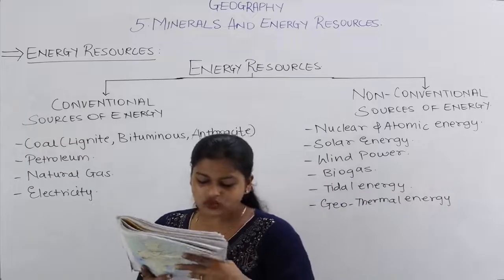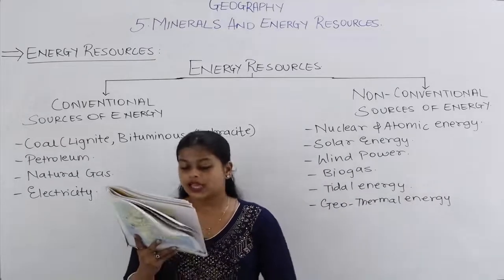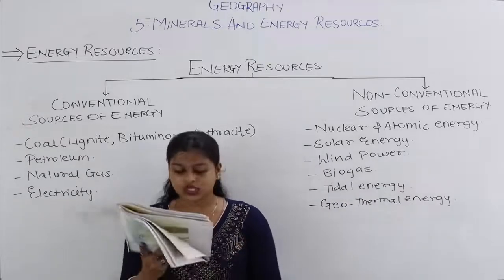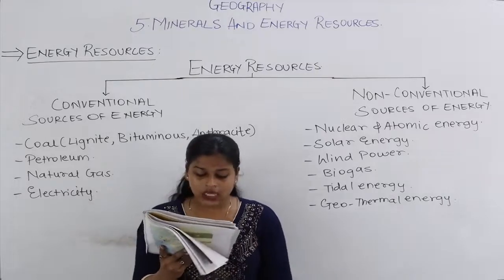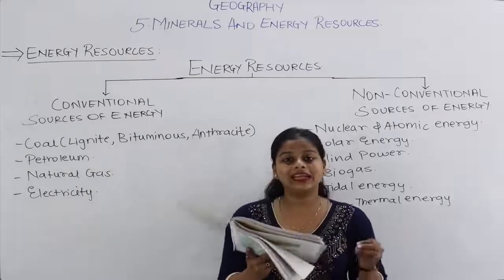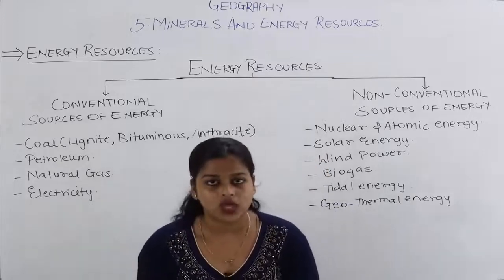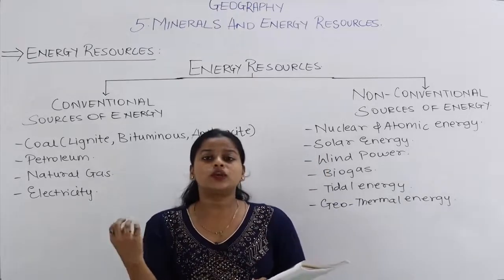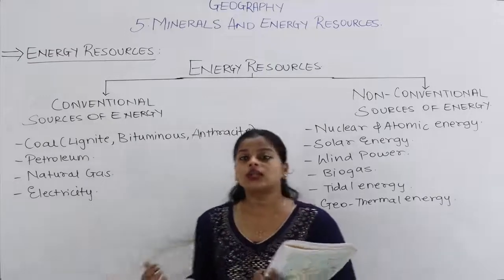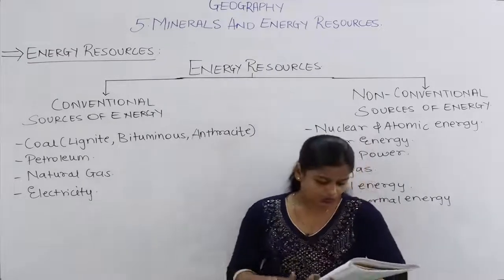It is used for power generation, to supply energy to industries and also for domestic needs. Now India is highly dependent on coal for meeting its commercial requirements. Whatever we require commercially, we are totally dependent on coal.